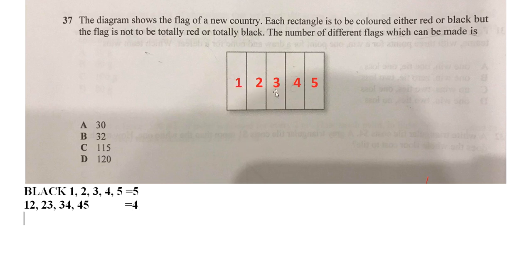Now we want to do ones made up of 2 that are not adjacent, so let's work from left to right. We could make 1 and 3 black, 1 and 4 black, and 1 and 5 black. That gives us another 3.